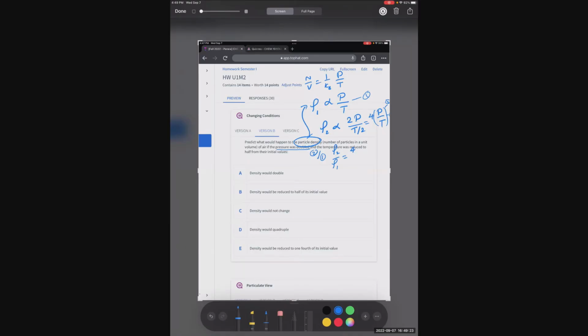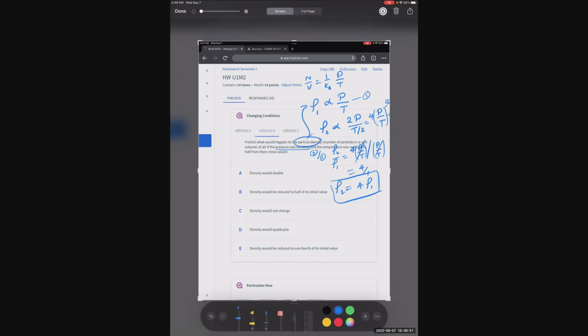Let me write it down: 4 P over T divided by P over T. You can see that this cancels out. You're going to get 4 over 1. So that means rho 2 is equal to 4 times rho 1, or the particle density has quadrupled.